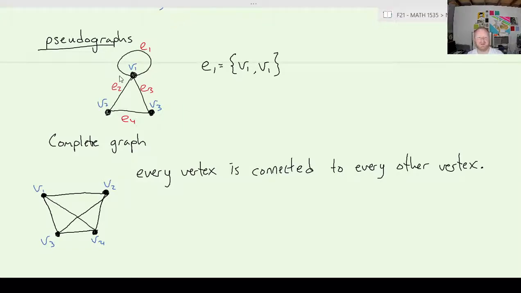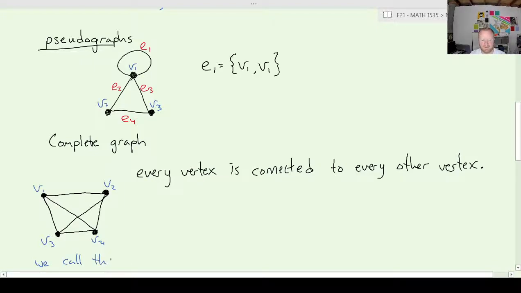So the name that we give this, we would call this K4. So K little 4, because it contains 4 vertices.